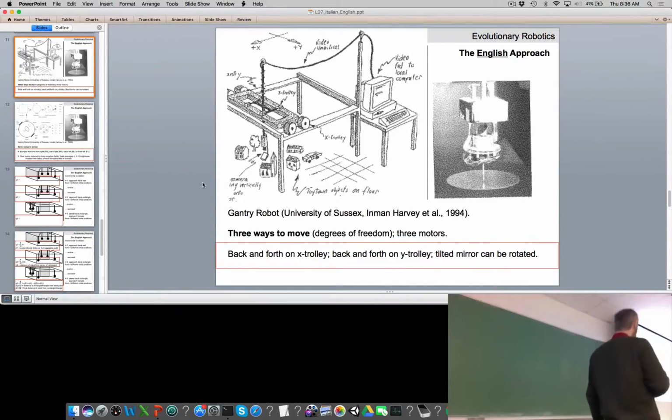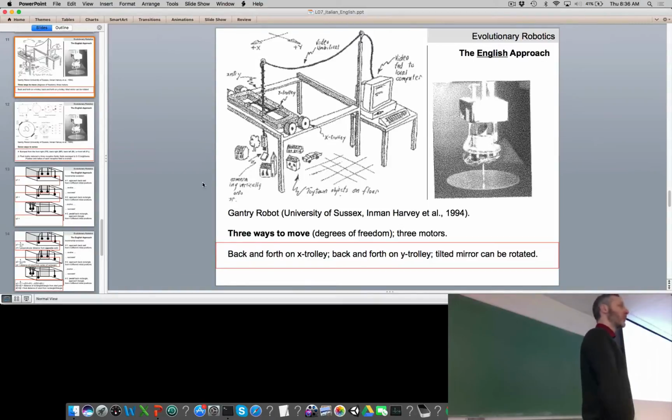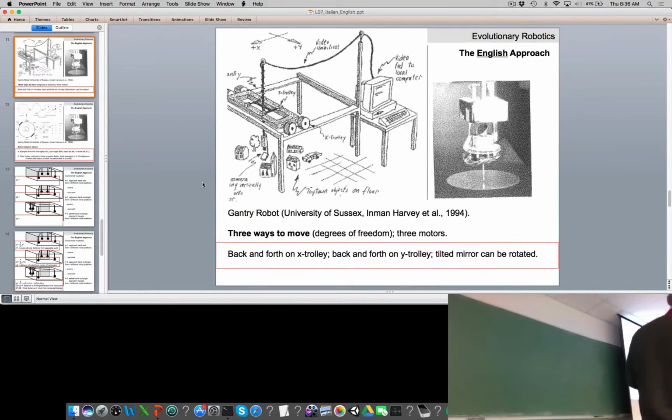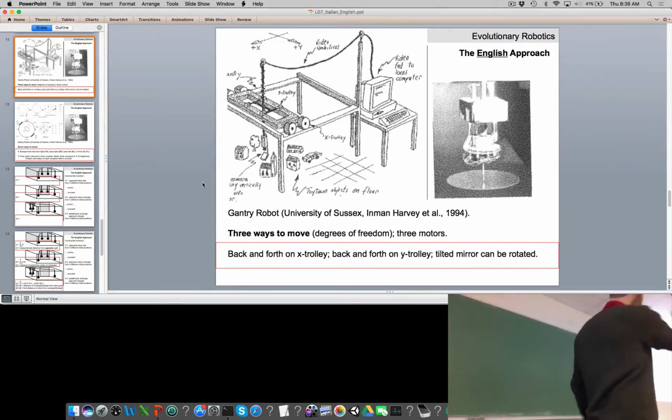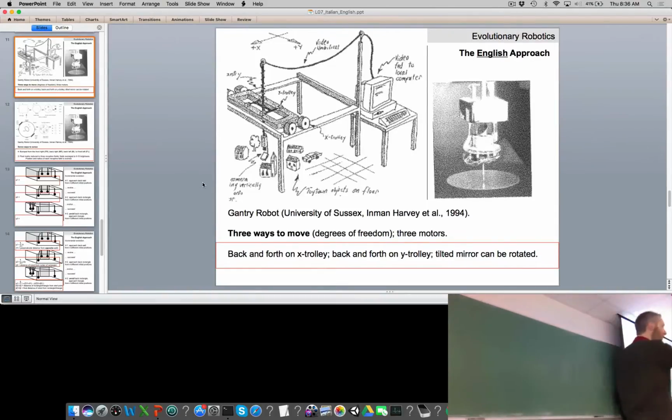We ended last time by talking about the Gantry robot, this kind of odd-looking robot which was built to make it easy to automate the evolution of behavior for the robot, right? They could send commands to the X and the Y trolley to bring this inverted periscope back to an initial position and then download another neural network on it, see what the robot does, and so forth, right?